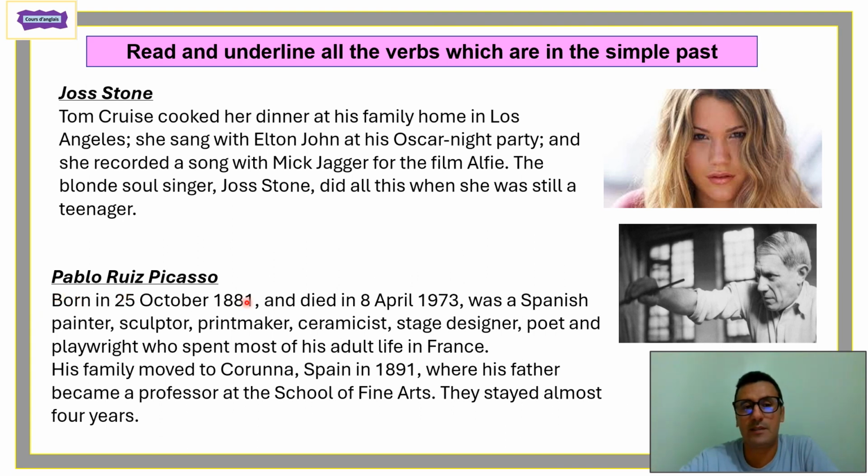Pablo Ruiz Picasso, born on 25 October 1881 and died on 8 April 1973, was a Spanish painter, sculptor, printmaker, ceramicist, stage designer, poet, and playwright who spent most of his adult life in France.